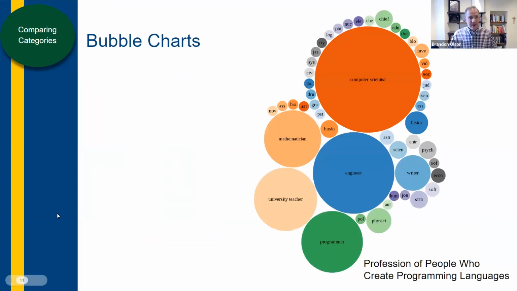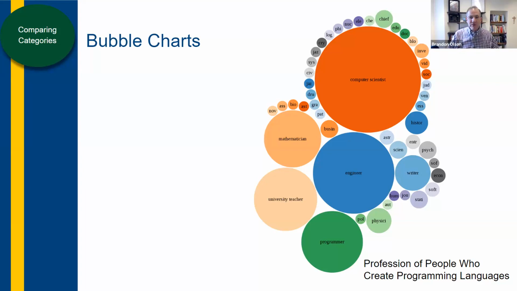Now, another alternative for comparing categories is the bubble chart. So this is a different way to show relative size, representing the quantity. So here we're seeing the professions of people that create programming languages, and we can see that computer scientist is the most common category. But the problem with any of these circle features for size is that it's hard to discern which is larger, programmer, university teacher, or mathematician.